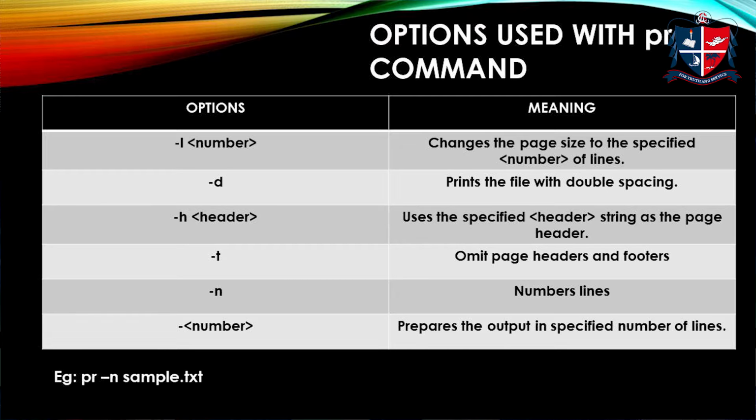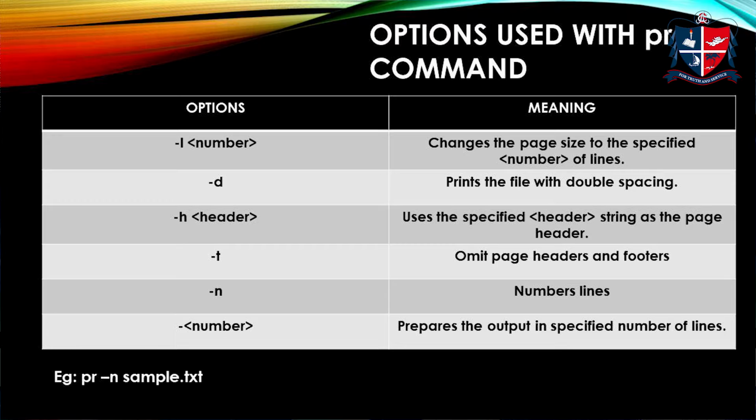Along with that, a header can be provided, and this header string will be used as the page header when -h is used with the pr command. Then the next option is -t. It will simply omit the page headers and footers when -t is used with the pr command. So it will print the output, omitting the headers and footers.